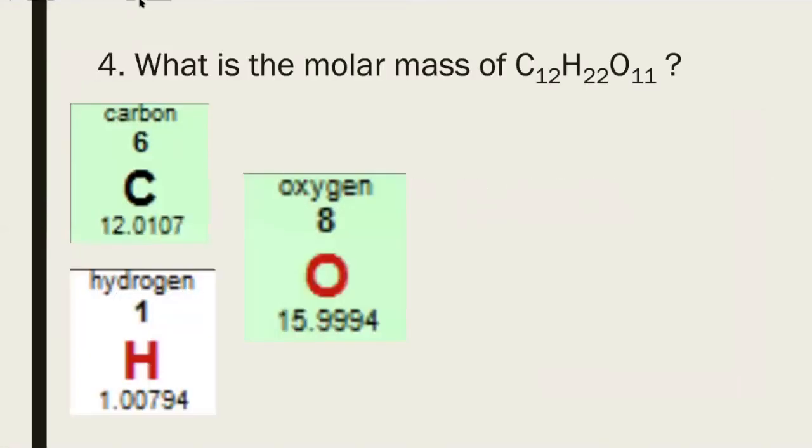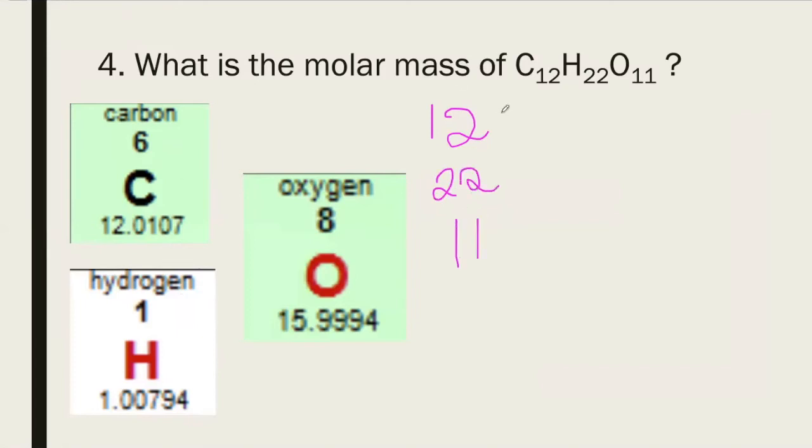Next we have, what is the molar mass of C12H22O11? So repeat the first steps. So carbon has 12 atoms, hydrogen has 22, and oxygen has 11.